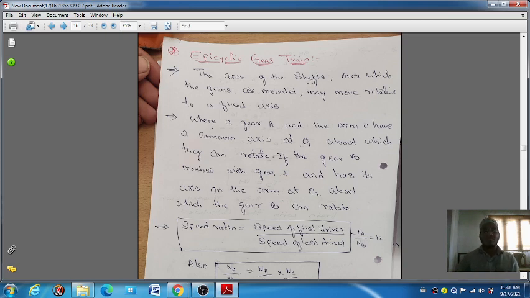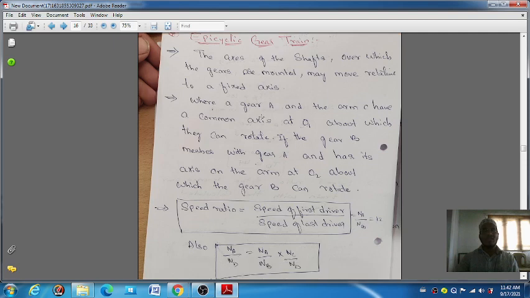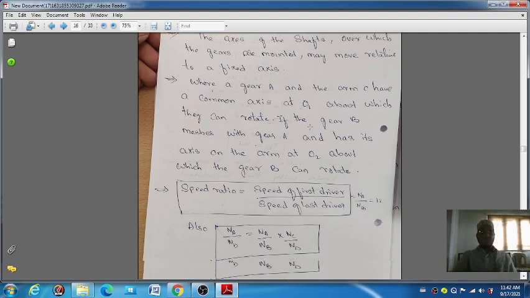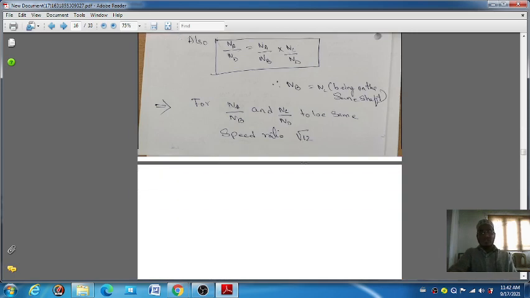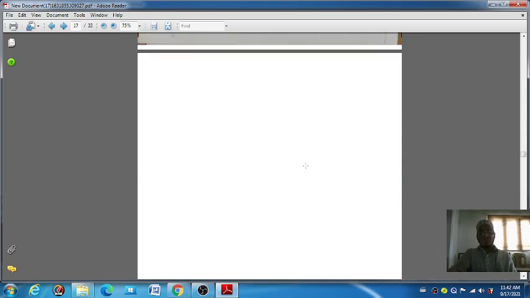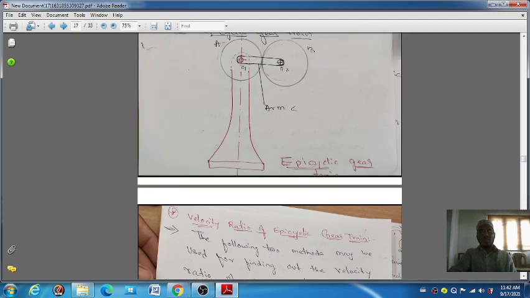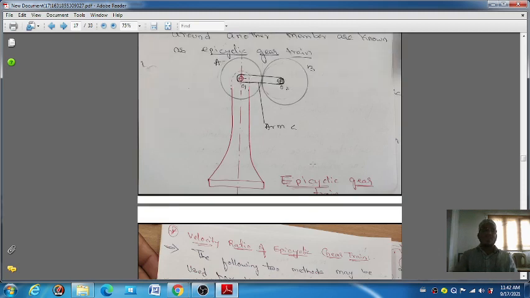So the axis of the shaft over which the gears are mounted may move relative to a fixed axis. What we are saying here, in the epicyclic gear train, you can see the diagram is also given for you to understand this epicyclic gear train.